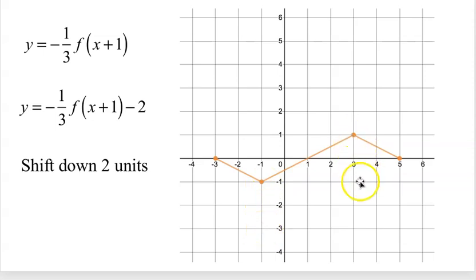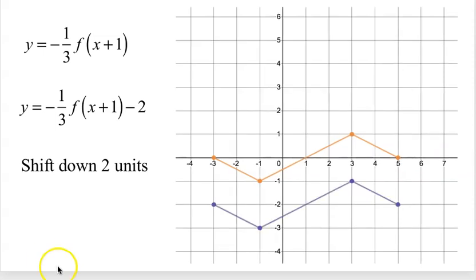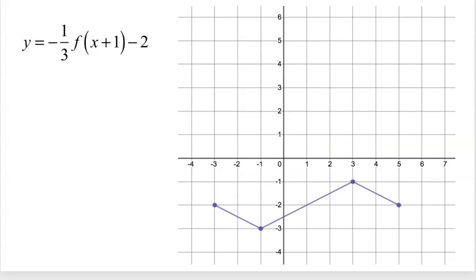Moves down 2 units, so the new y value is negative 1. Moves down 2 units, so the new y value is negative 2. So those are our points that we're using to guide us. Connecting those up, this purple graph is now negative 1/3 f of (x plus 1) minus 2. And that was our goal. Our goal was to construct the graph of y equals negative 1/3 f of (x plus 1) minus 2.